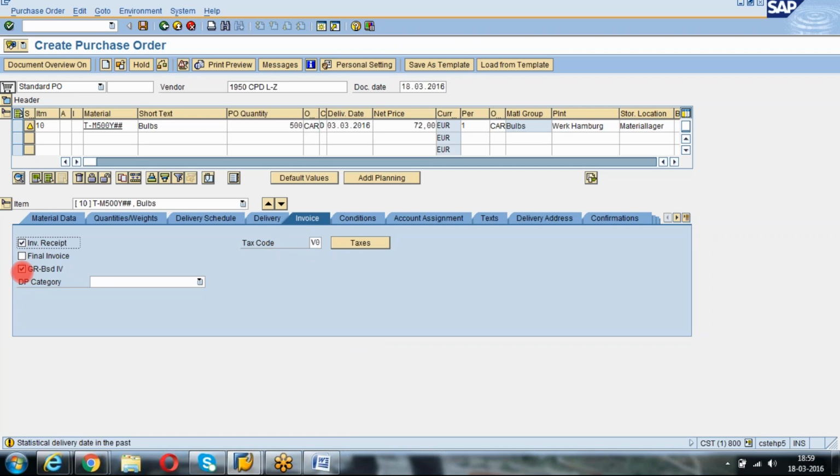If you activate GR based invoice verification, you have to perform GR before doing IR, otherwise the system won't accept it. Here we give the tax code, and as you know, how much quantity you are ordering and what the net price of each item is. For example, this is a card, and this is the cost of each card. All these details will be maintained.